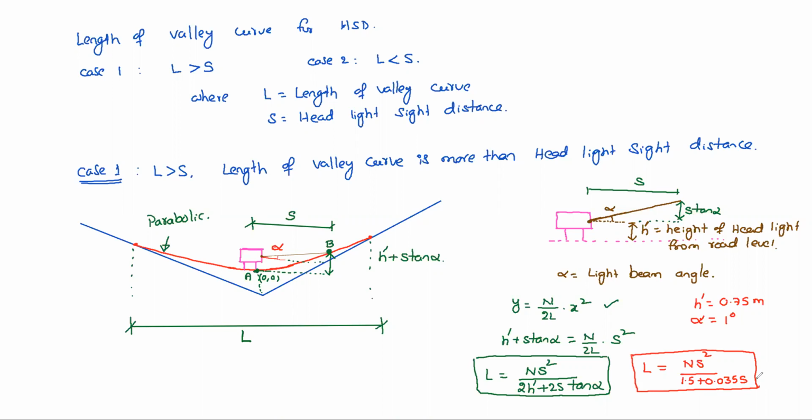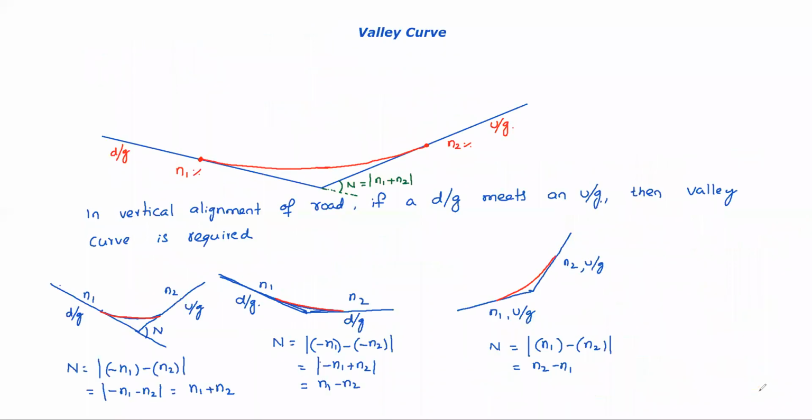Clear? So we have seen in the previous slide, first what is valley curve and why it is needed. When in vertical alignment of road, any down gradient meets up gradient, or other cases also, steep down gradient meeting mild down gradient, or mild up gradient meeting steep up gradient, then also there is some deviation of angle.